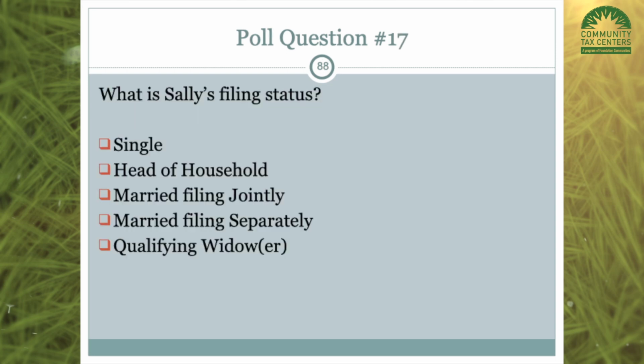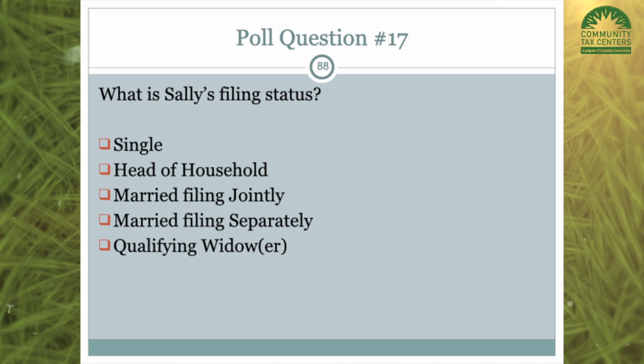Okay, and what is Sally's filing status for that tax year? Okay, I'm hearing head of household. Do y'all remember what the qualifications were for head of household? Is Sally married or considered unmarried?